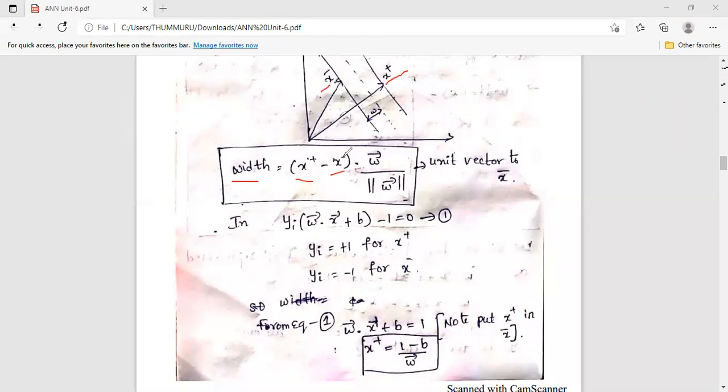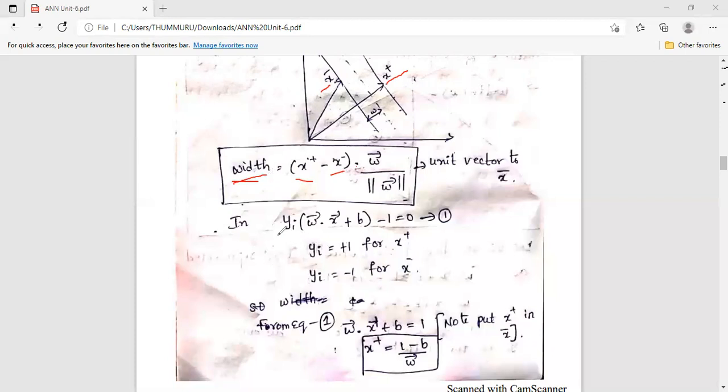So first you need to calculate x plus minus x minus, then multiply by the weight vector divided by the norm of the weight vector. This is the formula for calculating the width.